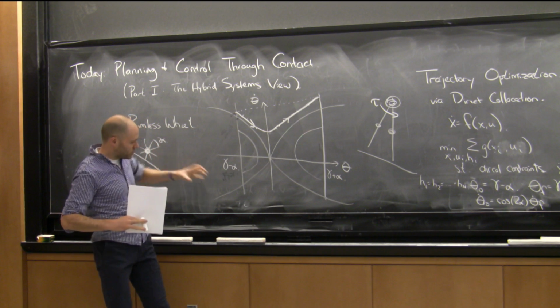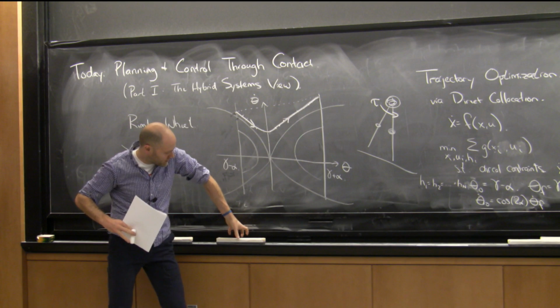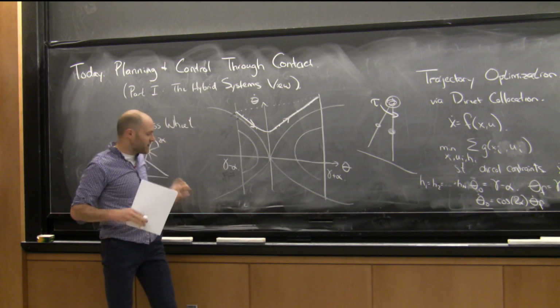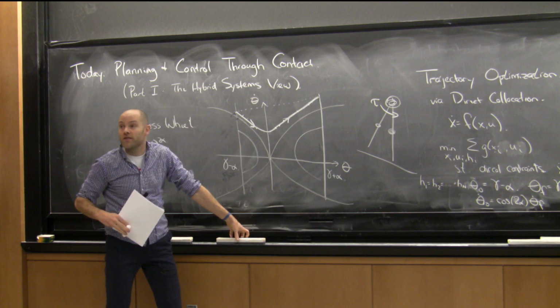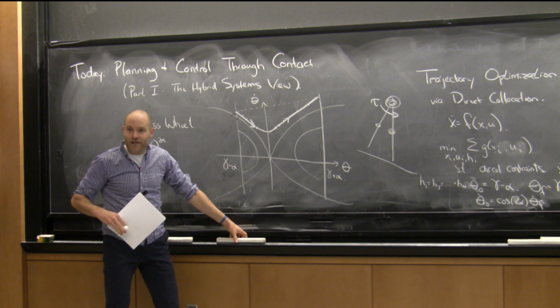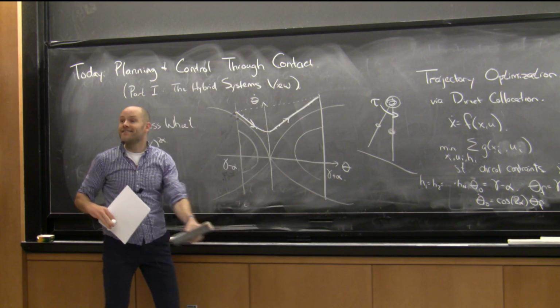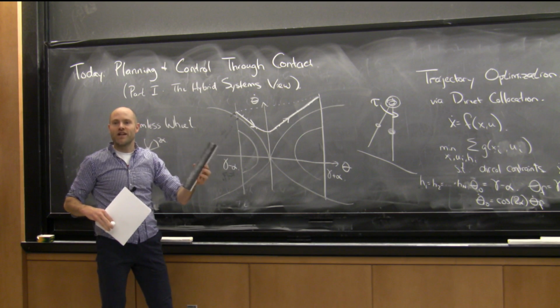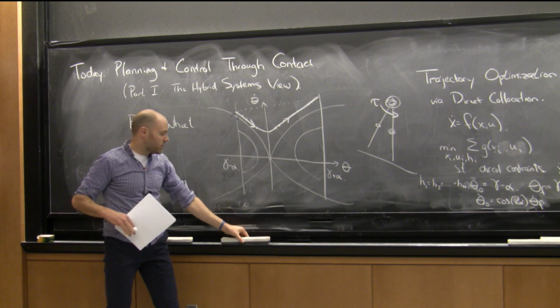But you have a hard enough planning problem just to make sure you don't slam your elbow into the wall, and that your hand gets to the place you want it to be. But a lot of time when you hear manipulation planning, it's often not actually planning through the contact, right? Picking this up and actually forcing a change in the state of the object.